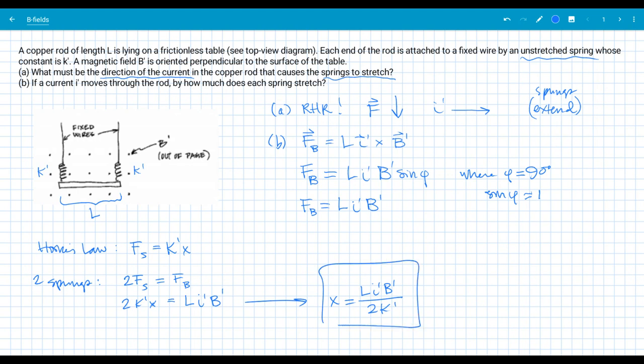And then pause for a moment and ask yourself, does this make sense? Does it make sense if there would be more extension if there was more current? Sure, more current would mean more force. Does it make sense if there would be more extension if the B field was greater? Sure. B field is greater, again, that force increases, so your extension would increase. And then notice the K primes in the denominator.